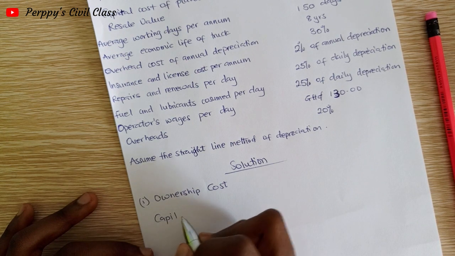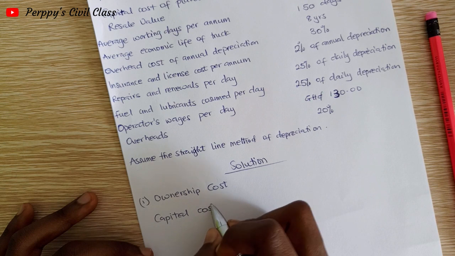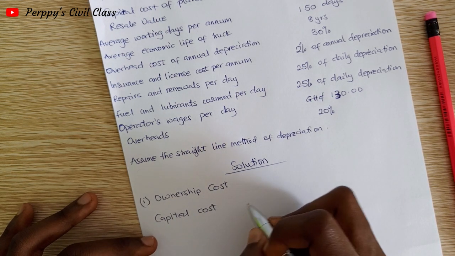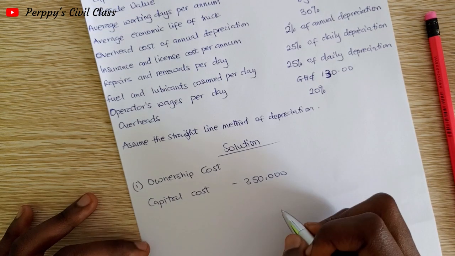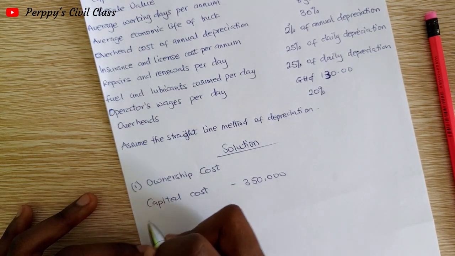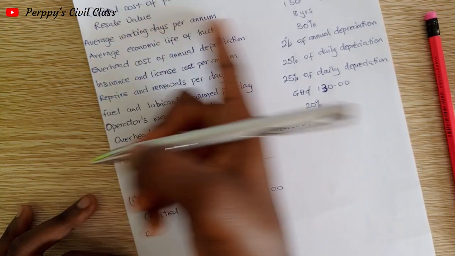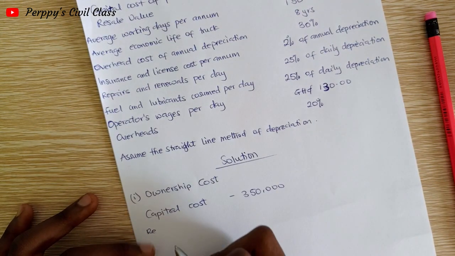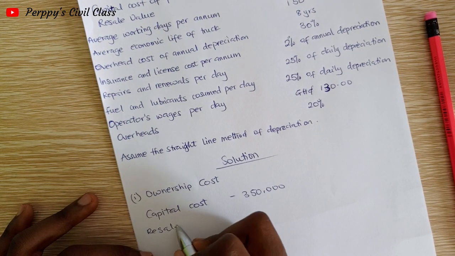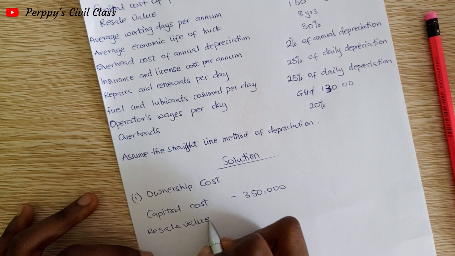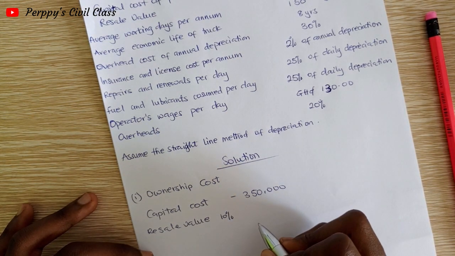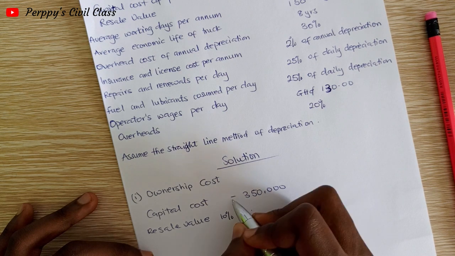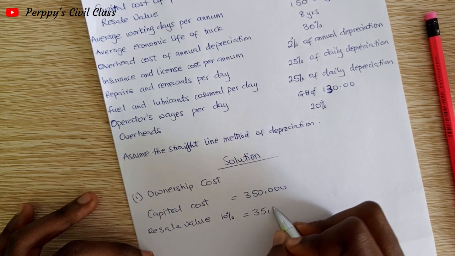The capital cost of this tipper truck is 350,000 Ghana cedis, and a resale value of 10%. So the resale value, 10% of 350,000, is 35,000.